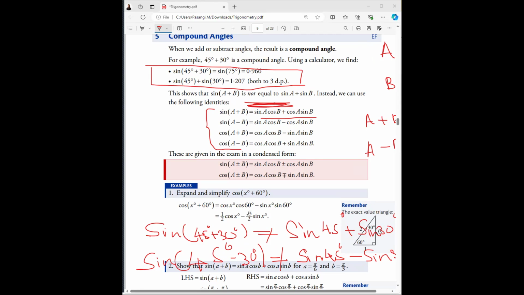And then sine A minus B, that is sine A cos B minus cos A sin B. Again the same thing, but earlier we had the addition, now we have the subtraction.